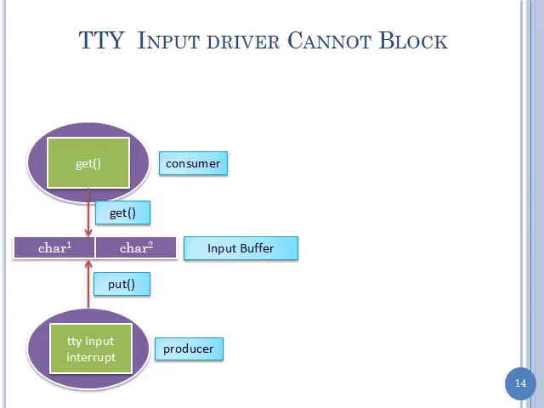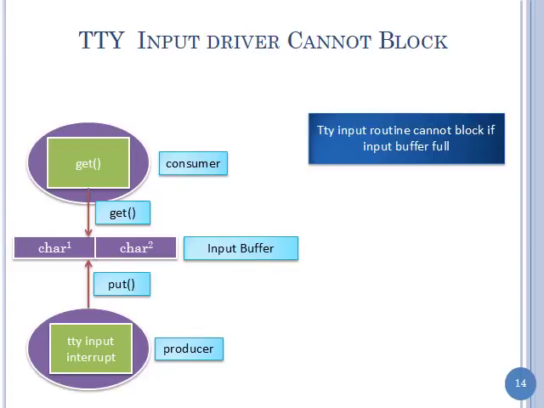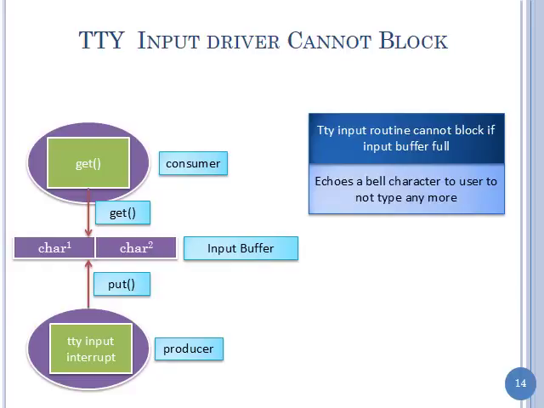We can't make this particular thread block, and we can't force somebody to consume it. So if you type ahead a lot and the buffer gets full, what the operating system does is start beeping at you, saying, hey, you're inputting, nobody's listening to you, stop inputting. There's a beep character that the Unix kernel will output if you go ahead too much. It echoes a bell character to the user to not type anymore.